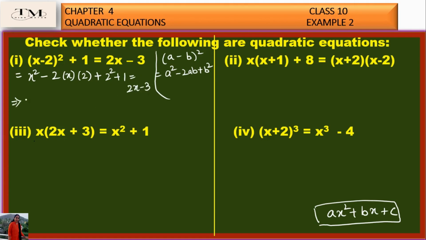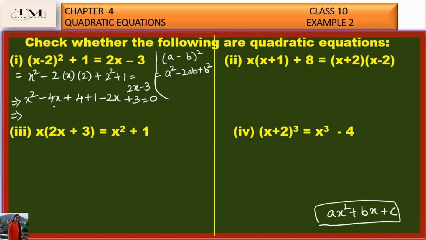So x square, 2 into 2 is 4, minus 4x, plus 2 square, which is 2 into 2, so 4, plus 1. This 2x is in plus sign, so when it comes to the other side, it will be minus 2x. Minus 3 will become plus 3 equal to 0.